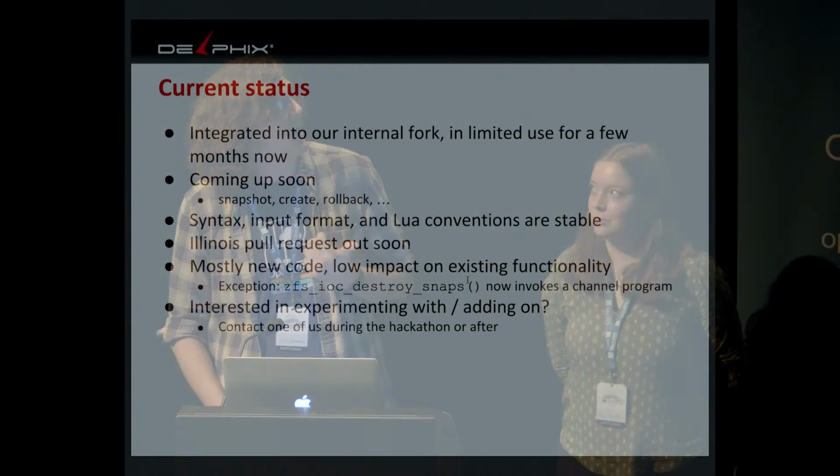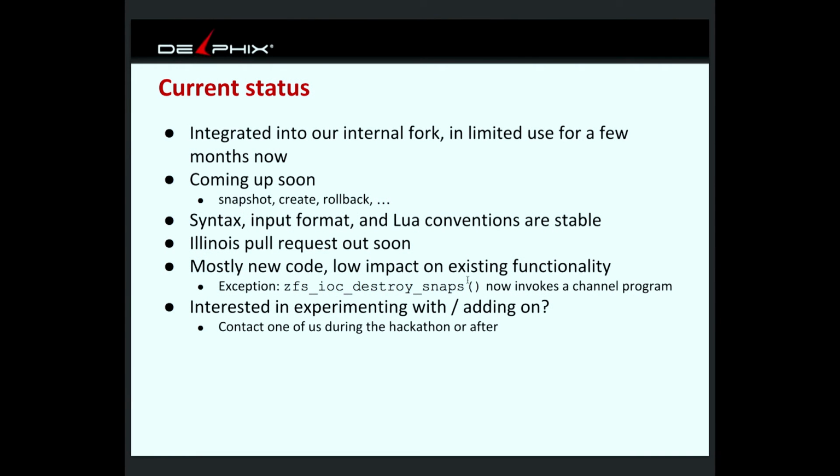We're currently working on adding additional library calls, expanding the interfaces available to channel program scripts. Currently, up on the roster for that is making snapshots, creating file systems, rolling back file systems.